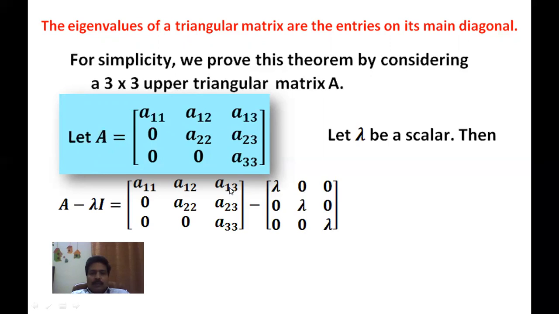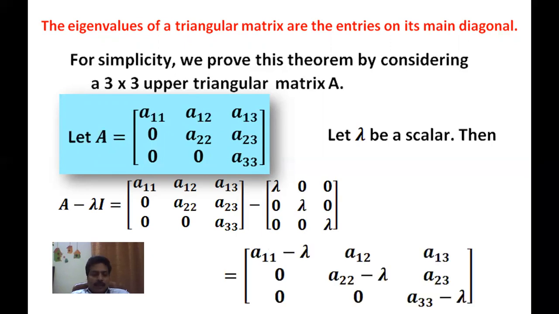If we subtract this from A, we get A11 minus lambda, and A12 minus 0 is A12, and A13 minus 0 is A13, 0 minus 0 is 0, A22 minus lambda, A23, 0 minus 0 is 0, and again 0 minus 0 is 0, A33 minus lambda. So this is our A minus lambda I.